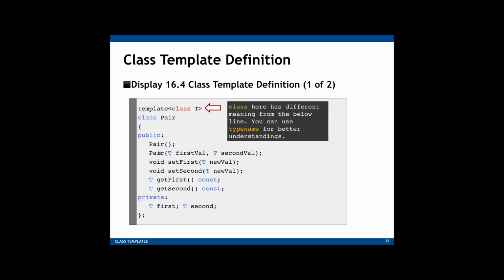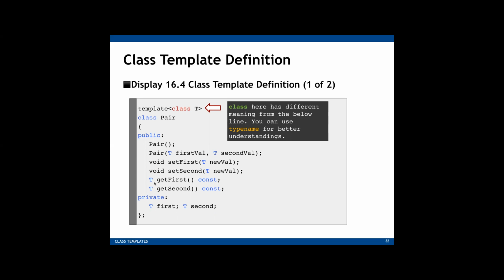So there are two constructors and four member functions, and there are two member variables as well. And these two member variables are of type T, which is a type parameter.